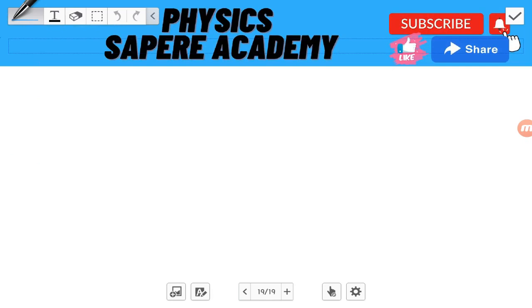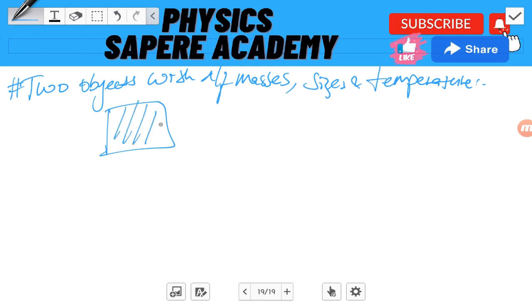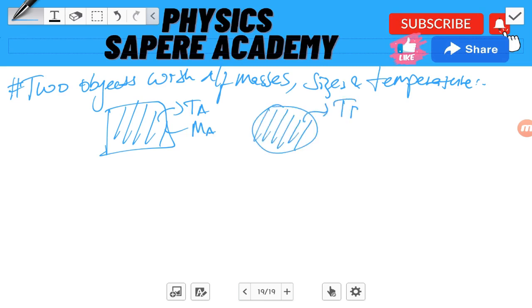Suppose that you have two objects with different masses, sizes and temperatures. Suppose object A is at temperature TA and has mass MA, and this is B, with temperature TB and some mass.